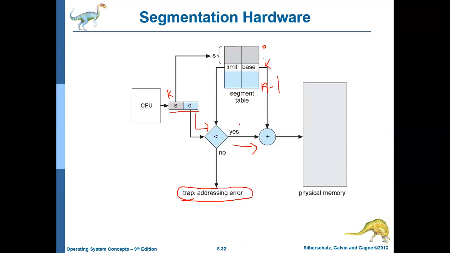If offset is less than limit, then continue. If offset is greater than or equal to limit, then create a trap. If the offset d is less than limit, then take the appropriate base register value and add it with the offset. That will give the actual physical address.